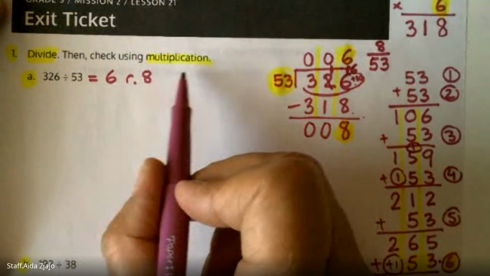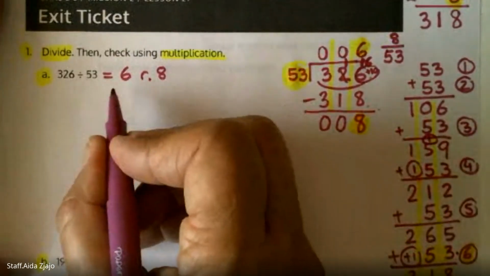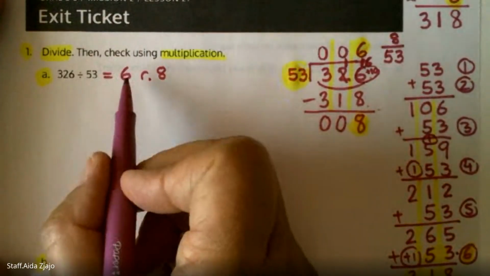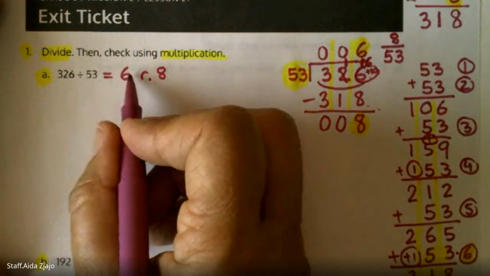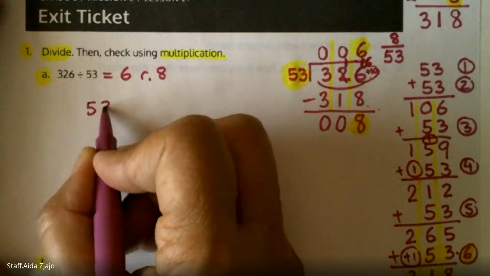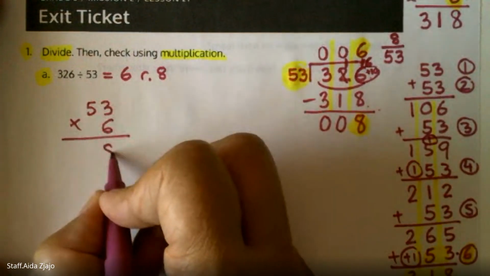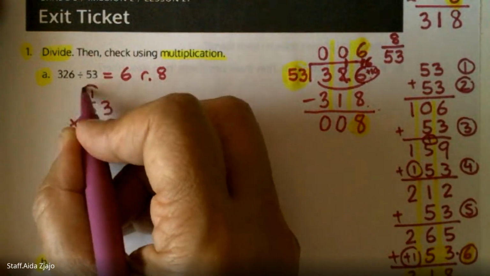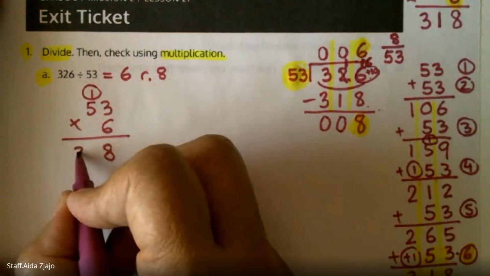They said check with multiplication. So what that means is you will do 6 times 53, or 53 times 6. 3 times 6 is 18 plus 1. 5 times 6 is 30 plus 1 is 31.